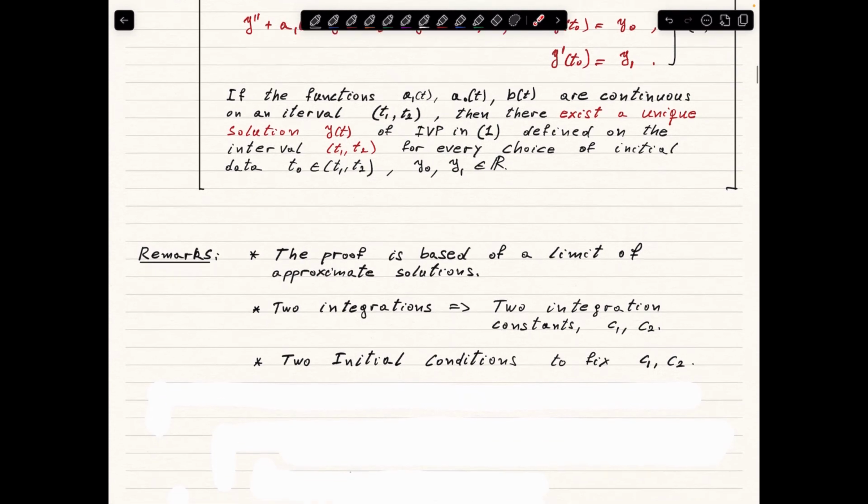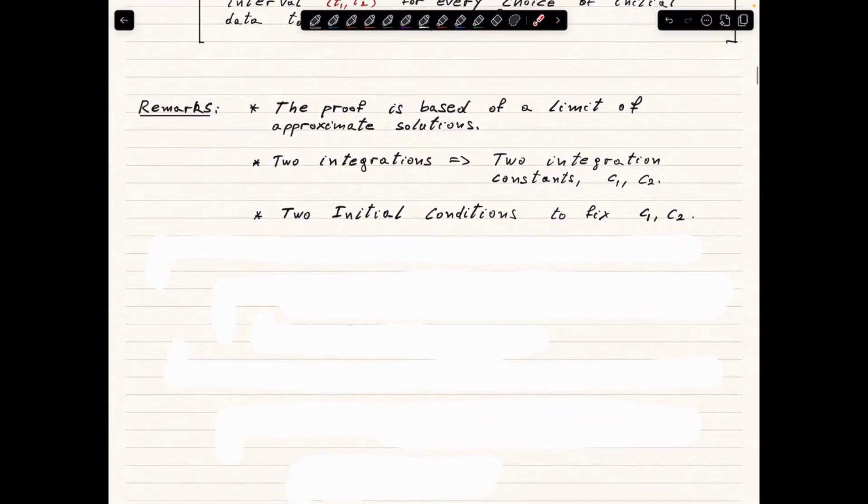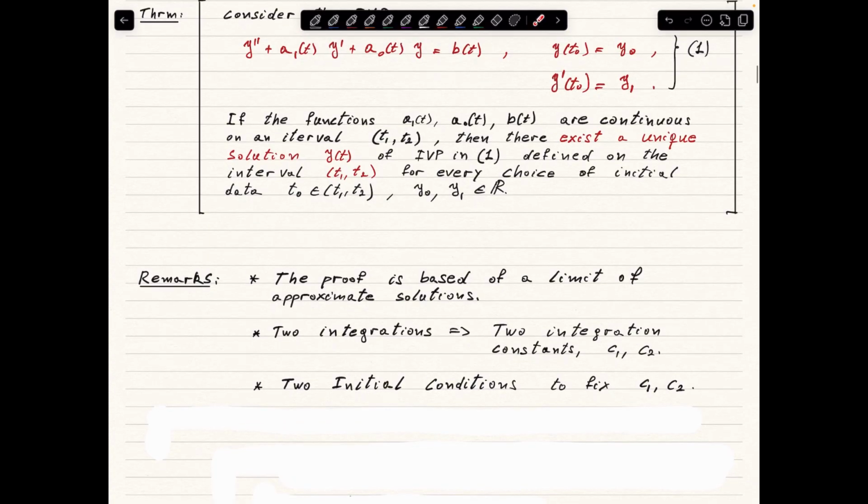The last thing we mention about this equation is that we say that the solution exists and is unique, but there is no formula for the solution.